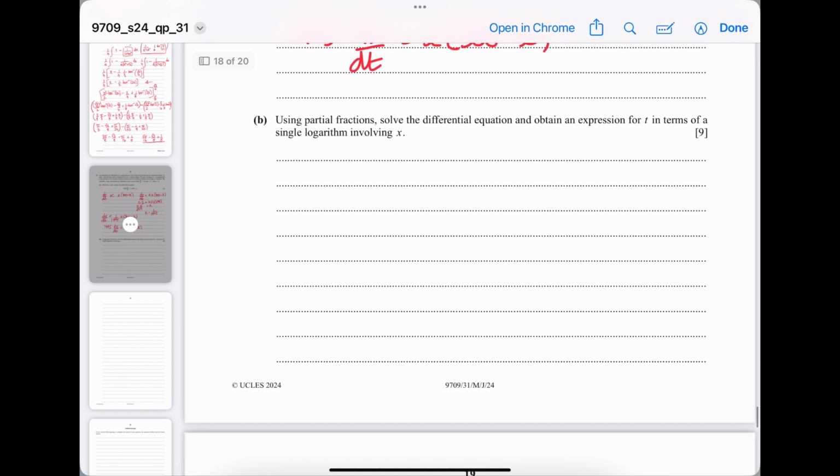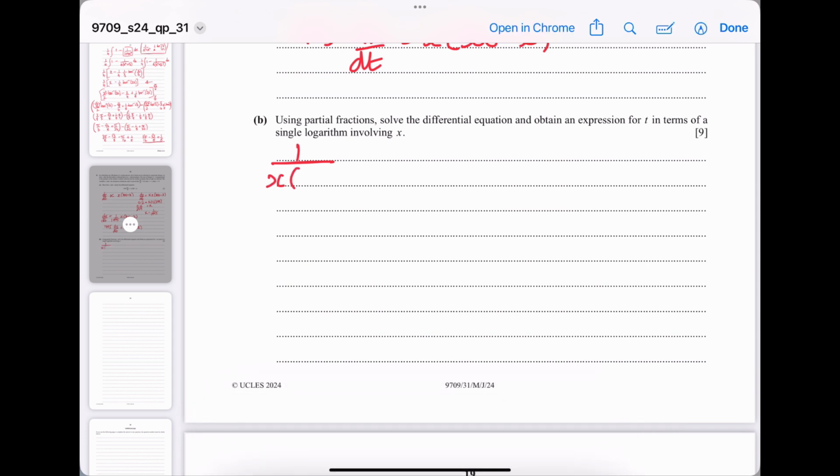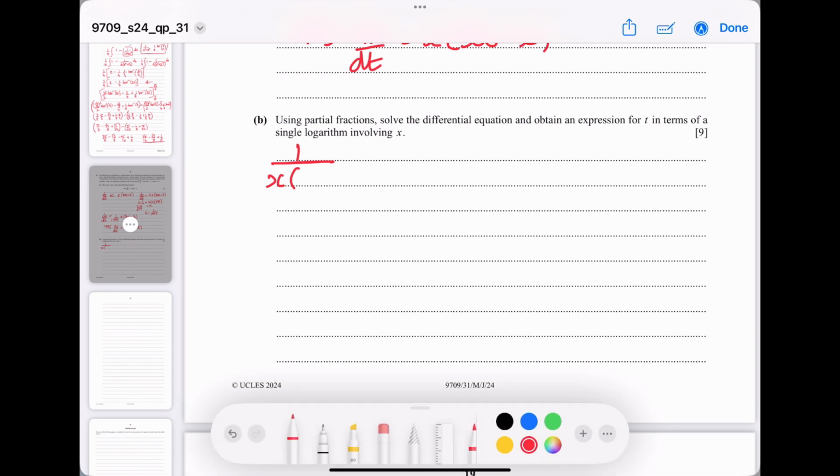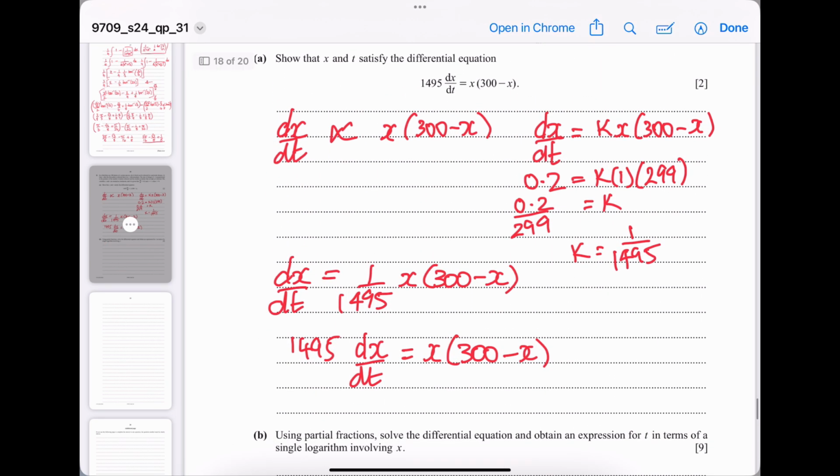So part B. Using partial fractions, solve the differential equation. First things first, we're going to separate the variables.